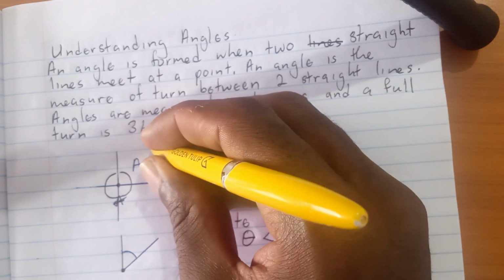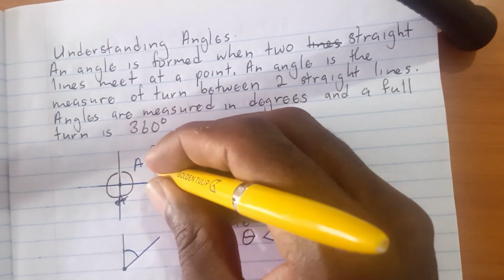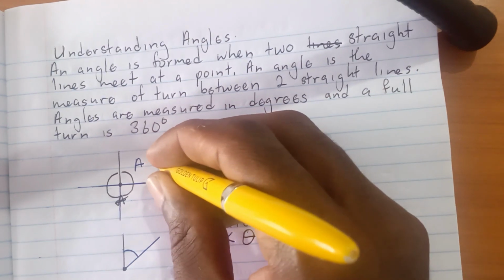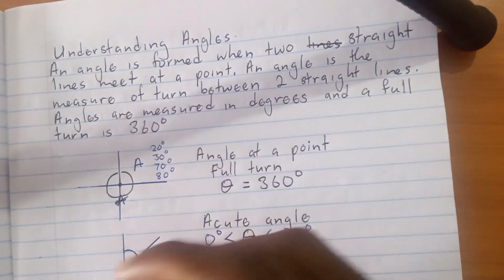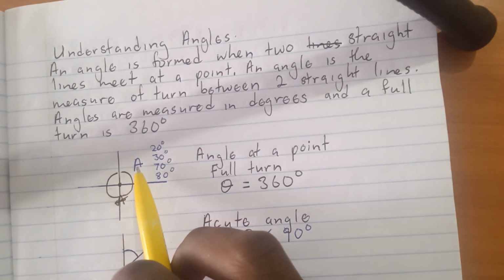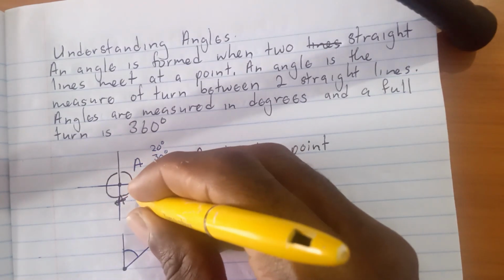It could be 20 degrees, 30 degrees, 70 degrees, 80 degrees. All these angles are between here, acute angles. Then we have obtuse angles.